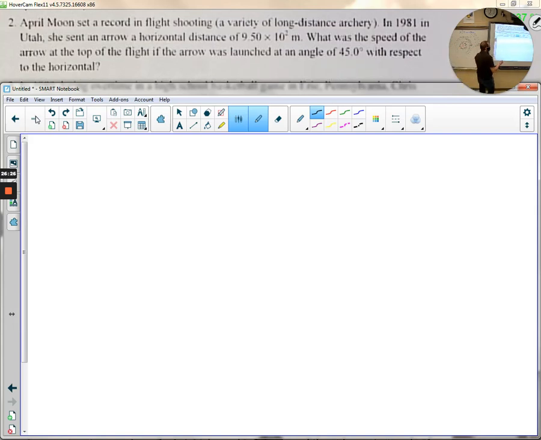Let's see if we can get down to what we know. Okay, so let's start off with April, with her long, flowy, awesome hair. And she's got her bow, and she's shooting her arrow. And just like before, it's going to follow a parabolic flight path, right?